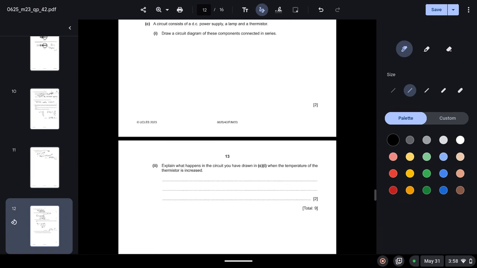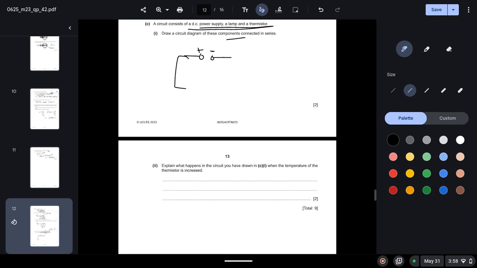A circuit consists of a DC power supply, a lamp, and a thermistor. Draw a circuit diagram of these components connected in series. So you should know the symbols of all these components, and they've asked us to draw in series. So this is relatively easy. This is how you make a DC supply with a positive terminal and a negative terminal.